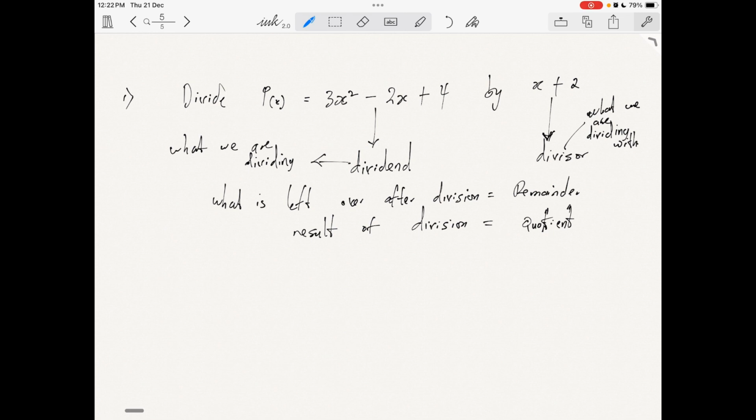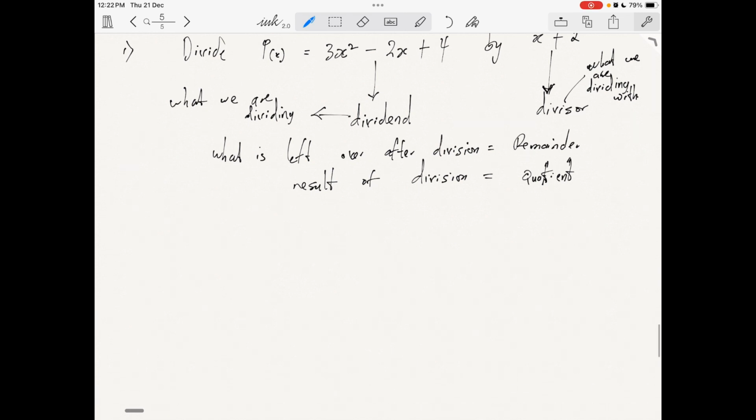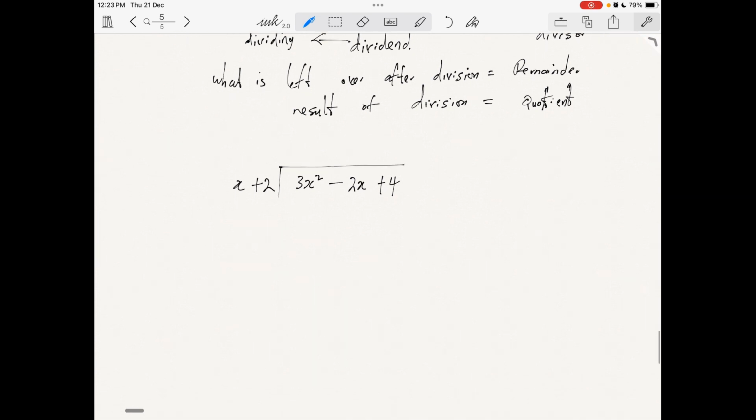All right, so with this, like we do our normal division, say we have 3x squared minus 2x plus 4, and we have x plus 2. The rule is very simple.